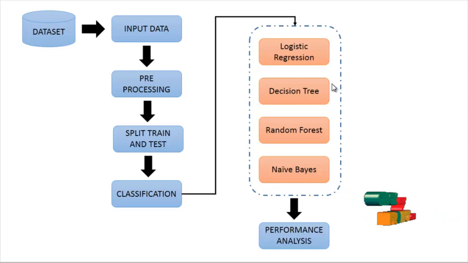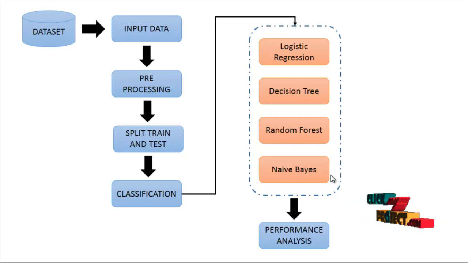After that, we have used a decision tree algorithm. The decision tree algorithm is implemented, and the accuracy and performance are predicted. Then we have used a random forest algorithm. Random forest is similar to the decision tree algorithm, but in random forest, voting is done.